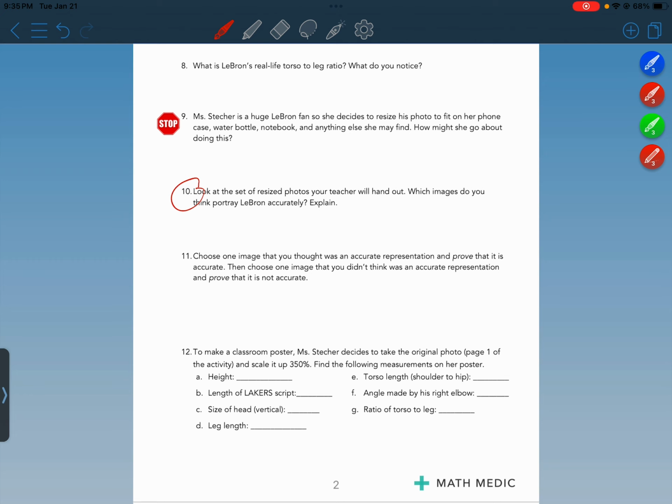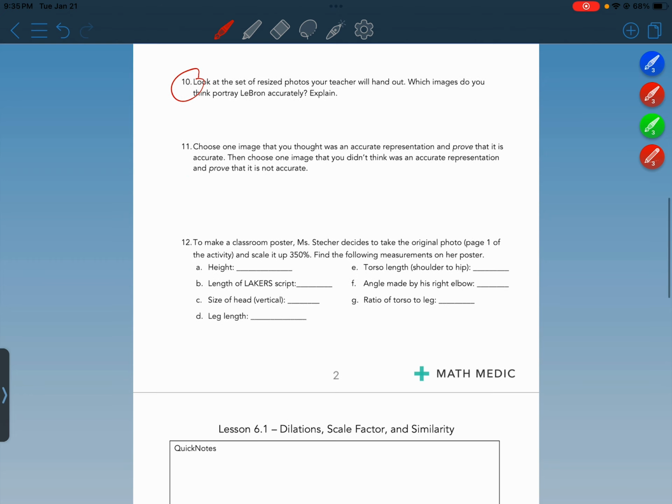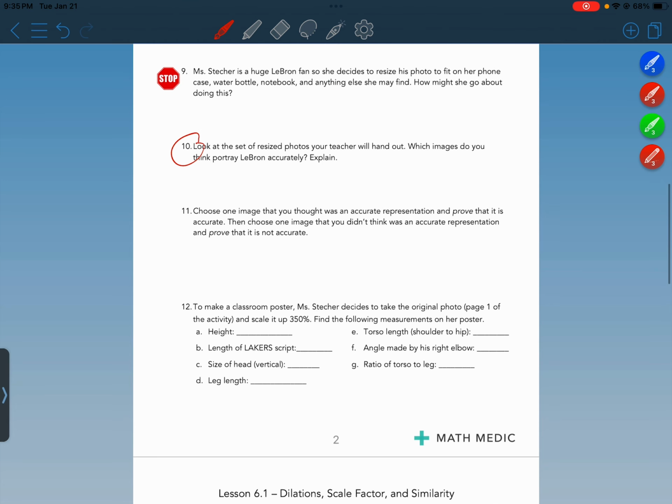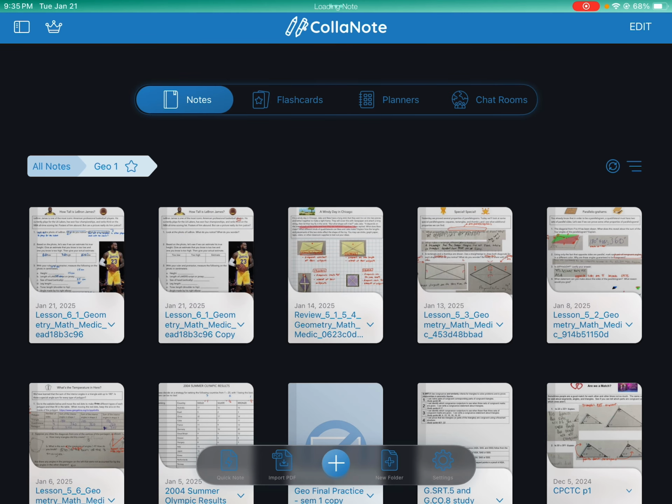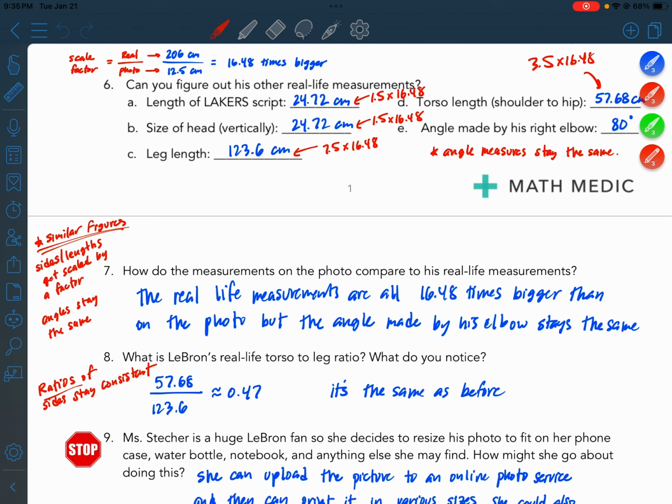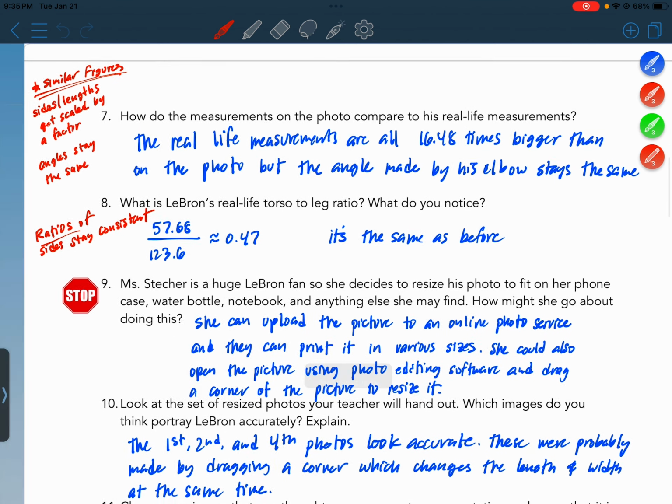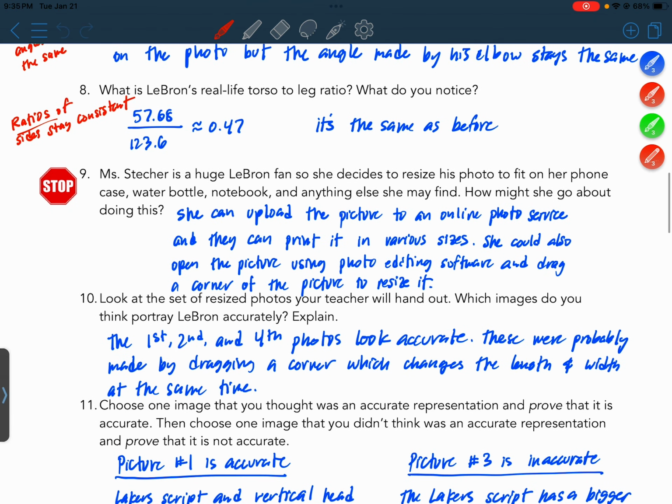All right, so you've finished questions 9 through 12? So let's go ahead and talk about them. Okay, so question 9 wasn't really meant to be much of a mathematical question, but thinking in real life, how would you resize a photo if you wanted to put it on different objects?